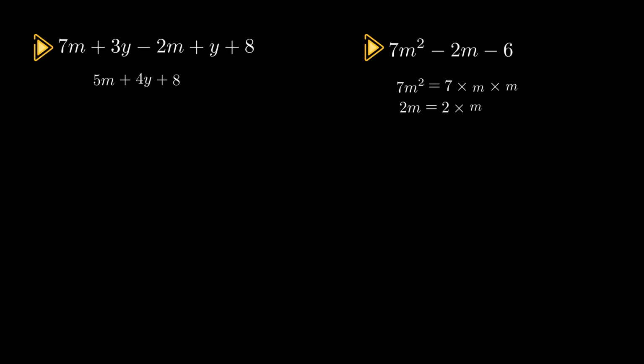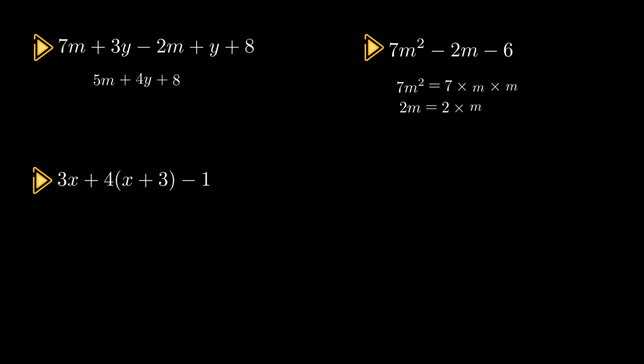Let's see one more example of an expression with terms. Now this expression has multiple terms and parentheses. Sometimes we need to use the distributive property first and then collect the like terms. If you're not sure about the distributive property, you can check out the video on the distributive property. We'll link it in the description below.